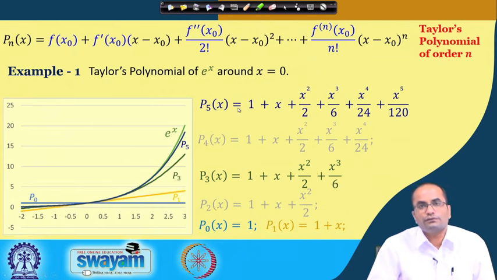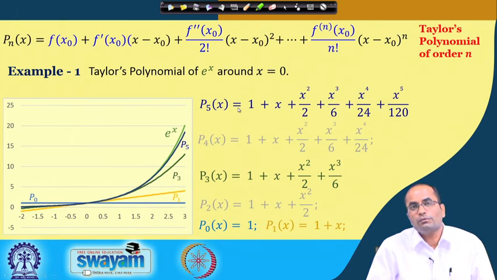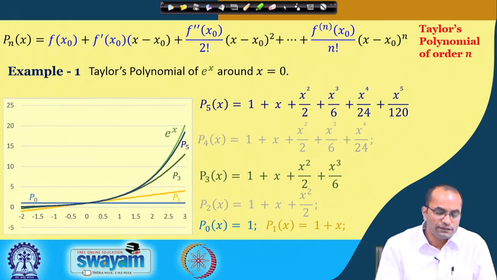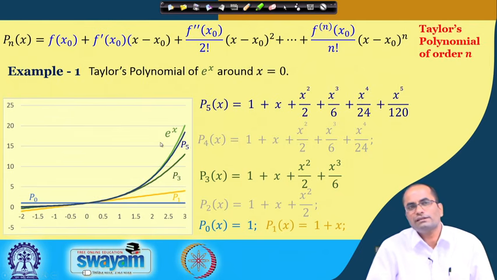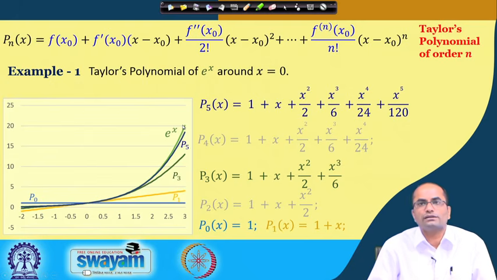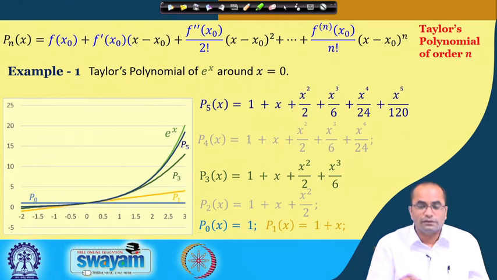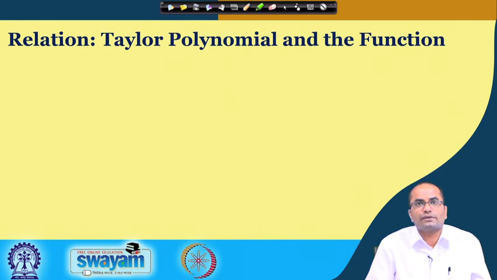And if we move further for the polynomial of degree 6 or 7, then we will be moving closer to the exponential function, and that is the idea of the Taylor's polynomial. So, by increasing the degree of the polynomial, we can approximate our function as well as we like, and we will discuss this further.